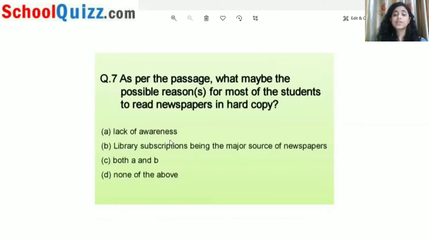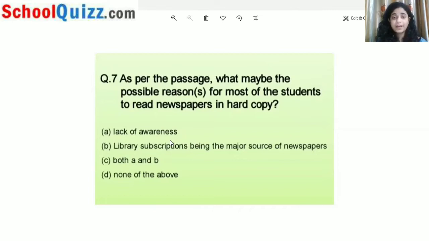As per the passage, what may be the possible reason or reasons for most of the students to read newspapers in hard copy? A, lack of awareness. B, library subscriptions being the major source of newspapers. C, both A and B, and D, none of the above. I think the correct option will be C, both A and B. Why?